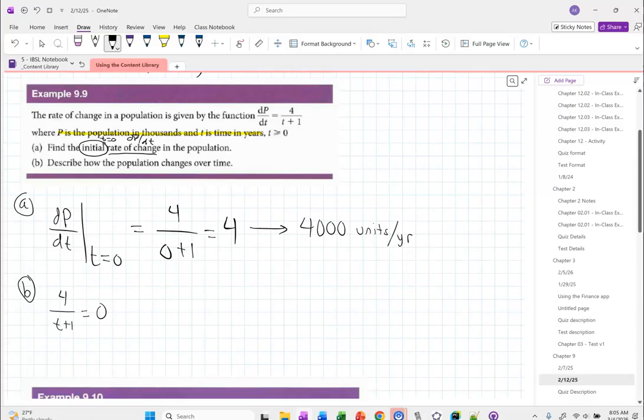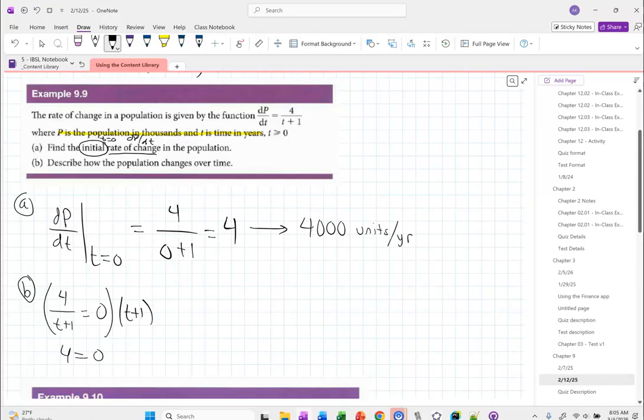Multiply both sides by t plus 1. That's reasonable. So when you do that, we get 4 equals 0.